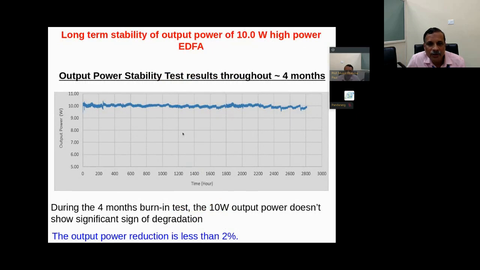And we have also studied the long-term stability of the EDFA module to see the performance of the fiber. We have measured it running almost 4 months at 10 watt output power, and the power reduction is less than 2%.